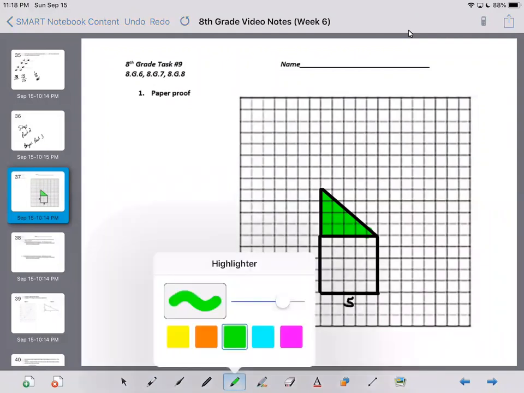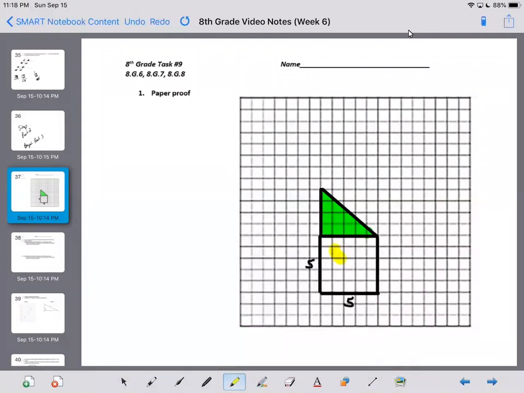And so what we have here is a square that has an area of 25 square units. Now we'll take the vertical leg of the triangle, and we know it's 4.